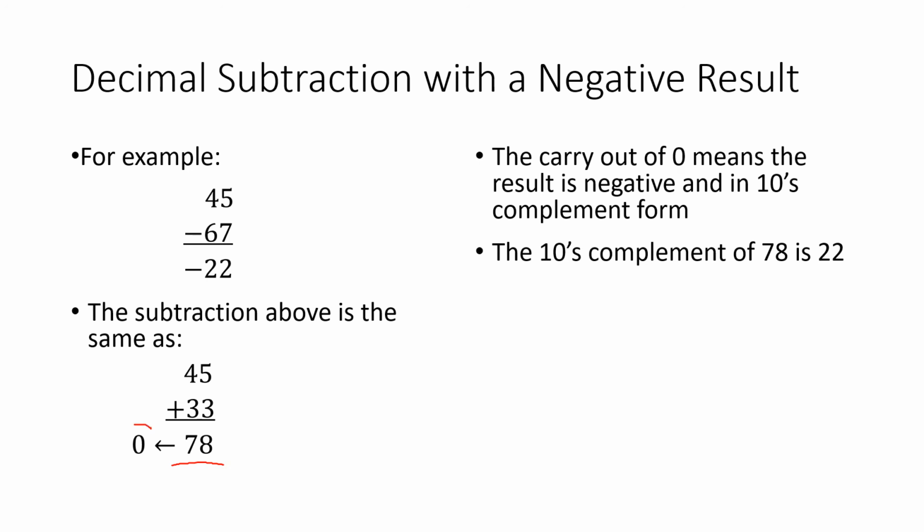But note that the carry out of the tens column is 0. That tells us the result is negative and it's in tens complement form. If we find the tens complement of 78, we find that it is 22.